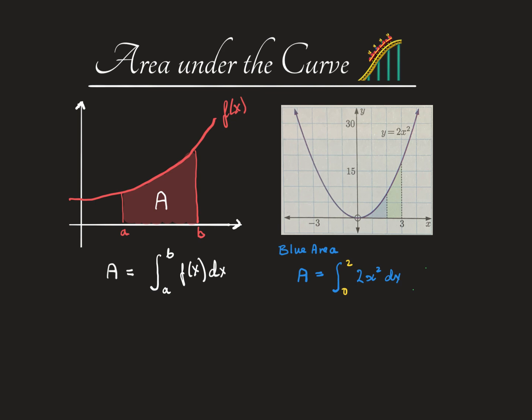And integrating this using the rules of integration will just give us 2 times x to the power of 3 over 3. Since this is a definite integral and it has lower and upper boundaries, we'll need to put these square brackets on it, 0 to 2.